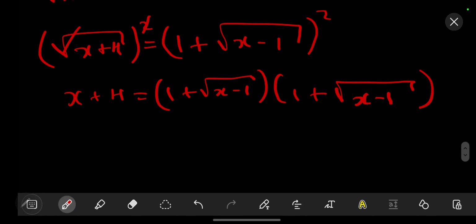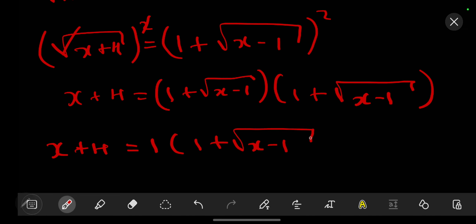So this will be our x plus 4, which should be equal to this one multiplying everything, so we have 1, then 1 plus the square root of x minus 1.